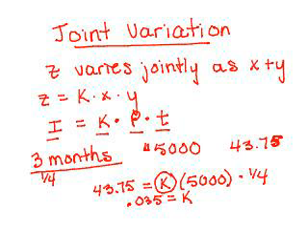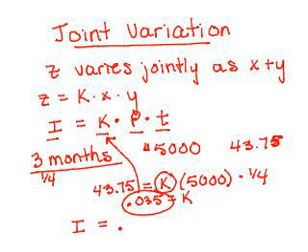So we put this value back in for the constant in that equation. So the amount of interest is equal to 0.035 times principal times time.